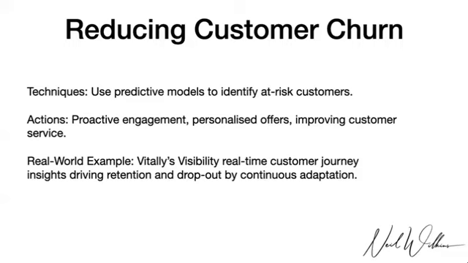It could be about, well, let's identify some customers who are at risk of leaving us. And if we can affect some proactive engagement, do some personalized offers, improve our customer service from the feedback that they're giving us collectively, then it's going to enable us to reduce the dropout and drive retention.